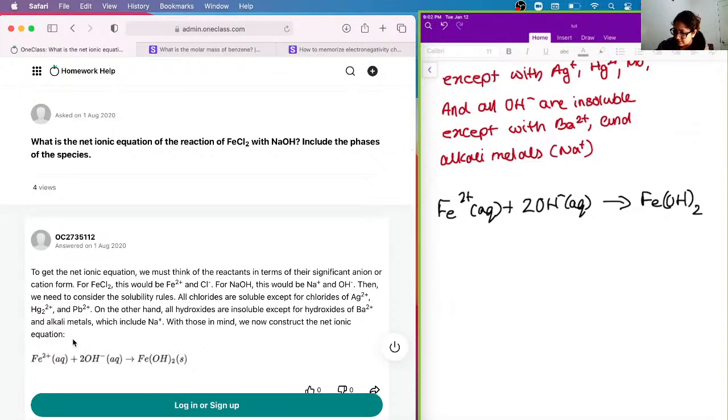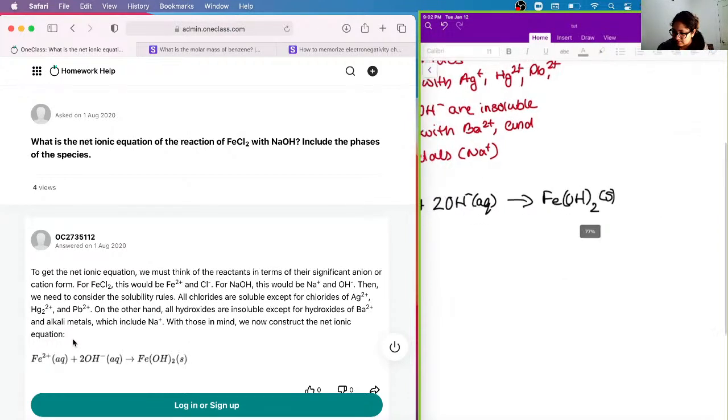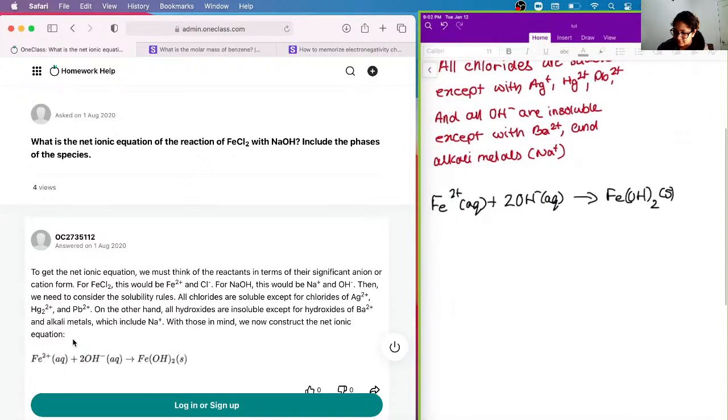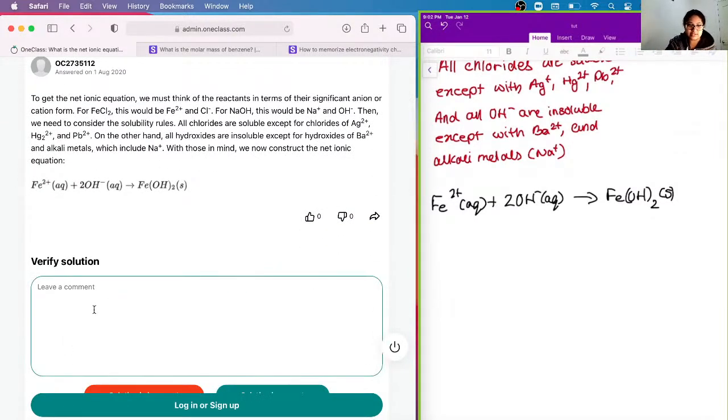So in this case, iron hydroxide is your solid, because hydroxide is only soluble with barium and all the alkali metals. Okay, so the solution here is shown.